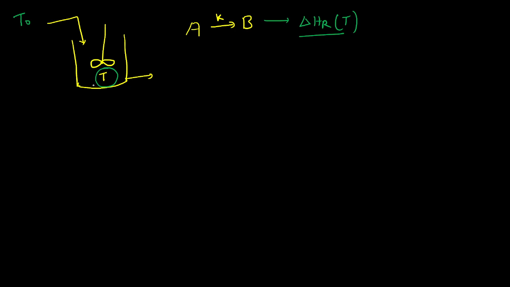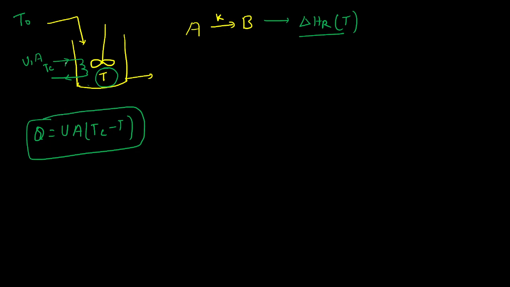And heat is being supplied through a steam jacket, where U is the overall heat transfer coefficient, A is the area, and the temperature of the inlet steam is Tc, right? So can I write Q is equal to UA (Tc minus T)?